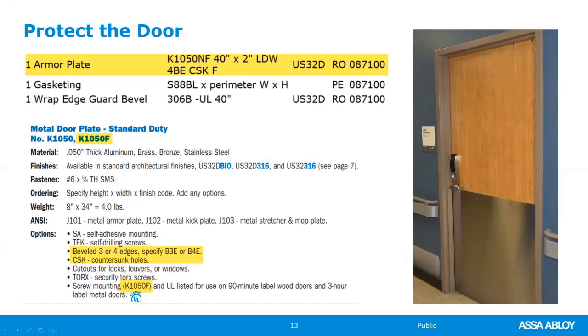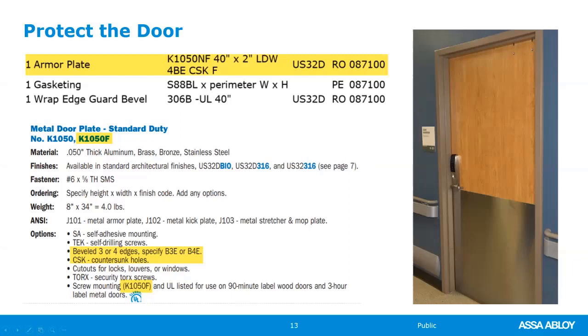The distributor who supplied this project did a very good job of detailing this to get this to line up perfectly. And countersunk for the oval head fasteners and beveled edges just makes it a little nicer look and feel. And this does come with a UL label emblem embossed in the Armour Plate itself.